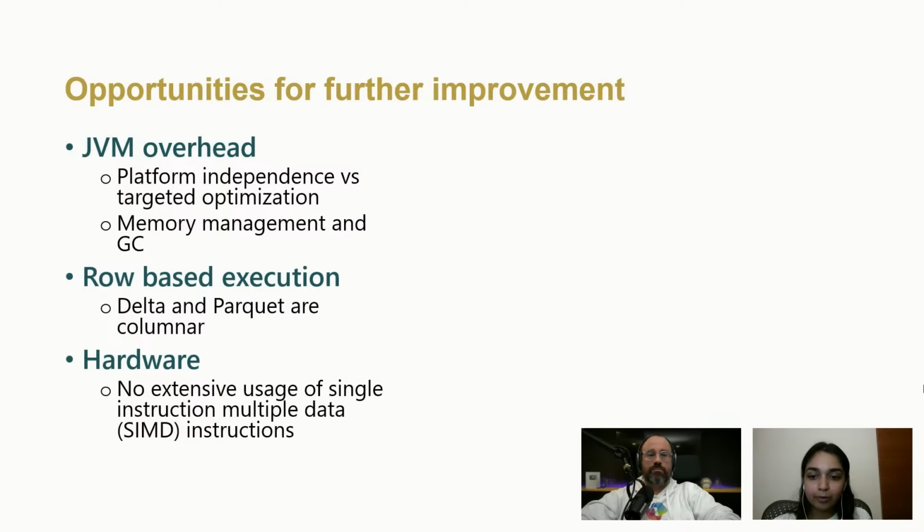And lastly, hardware. So SIMD is a parallel programming paradigm by which a single instruction can be applied on multiple data points at the same time using special registers in memory. And this just brings about another level of parallelism to your programs. And Spark does not make extensive use of SIMD instructions.